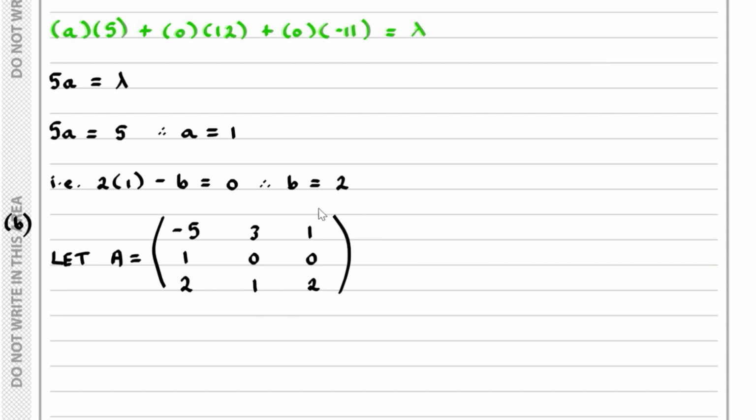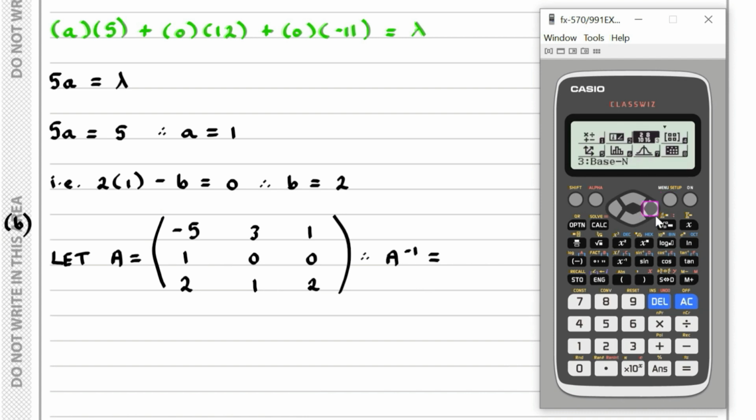If we let A equal this matrix, of course we've replaced A with 1 and B with 2, we can use our calculator to find the inverse of A. So if we go to the matrix sub-menu, we've got 3 rows and 3 columns, and if we type in this matrix, we have minus 5, 3, 1, 1, 0, 0, 2, 1, 2. And if we click options, load up matrix A, we want to find the inverse of this.